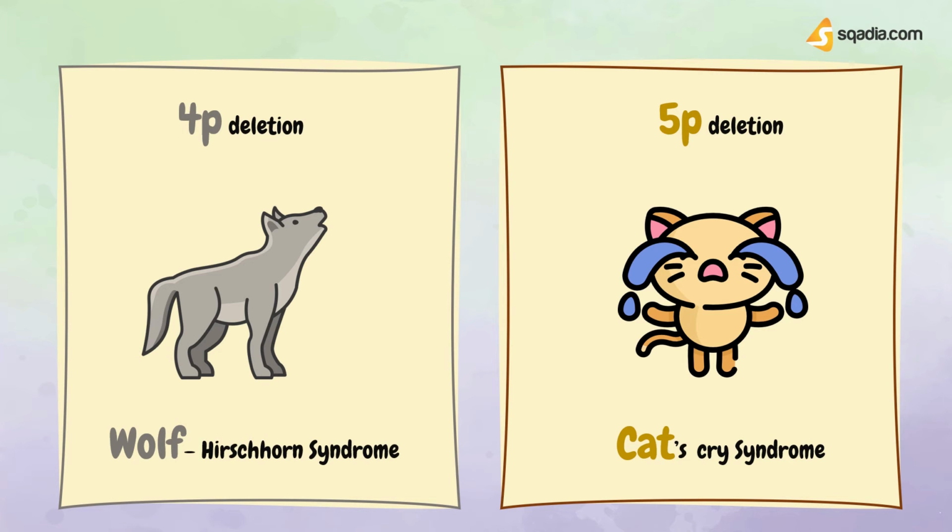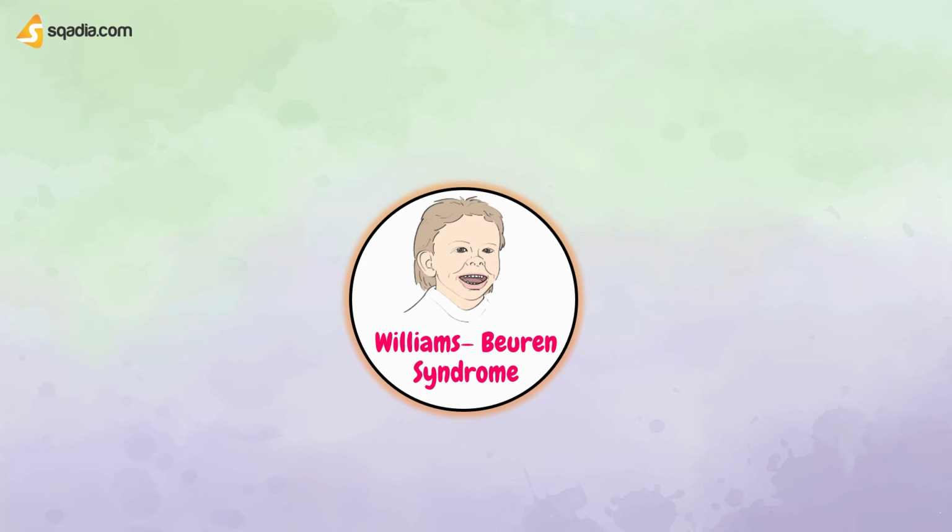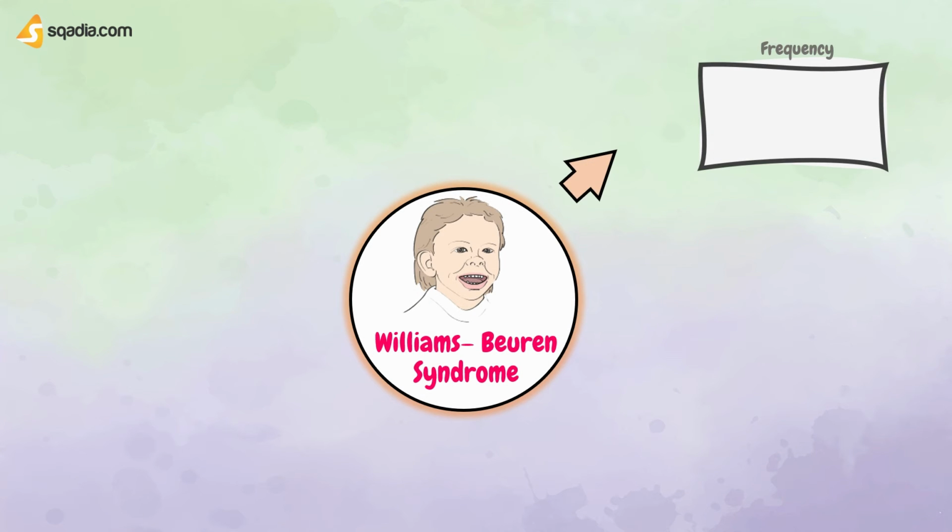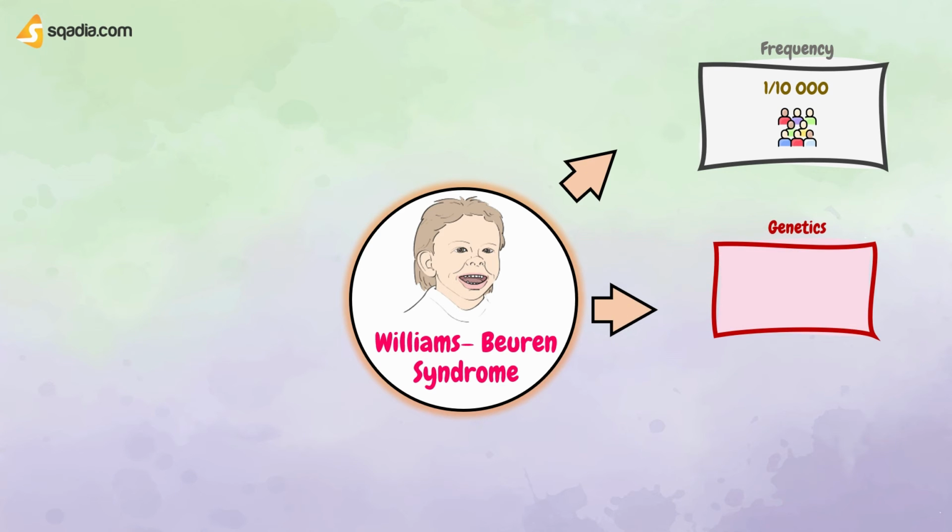Now let's discuss Williams-Beuren syndrome. Frequency of Williams-Beuren syndrome is 1 out of 10,000. Genetics of Williams-Beuren syndrome is that it has 1.5 megabases microdeletion, possibly inherited as autosomal dominant inheritance. Autosomal dominant inheritance is a way a genetic trait or condition can be passed down from parent to child.